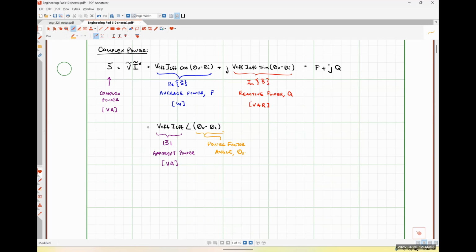So one thing that I want to bring to your attention, because it is often overlooked, is that our power factor angle theta S is the exact same thing as the angle of whatever impedance our load represents. So just as a quick aside, I'm going to wind up erasing this in a minute, so you actually already have this in your notes. I just want to show it to you.